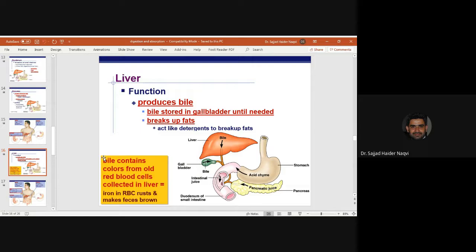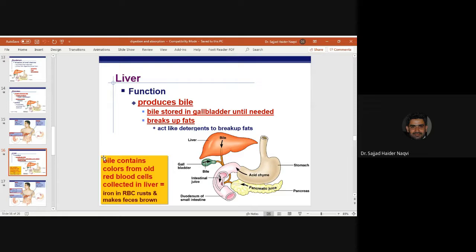Liver is also an important part of this system, where it produces the bile. The bile is stored in the gallbladder until it is needed. Once the food comes into the small intestine, the bile is very important to break up the fat molecules. It acts like a detergent, which allows the enzymes to act on the lipids to finally do the breakdown.